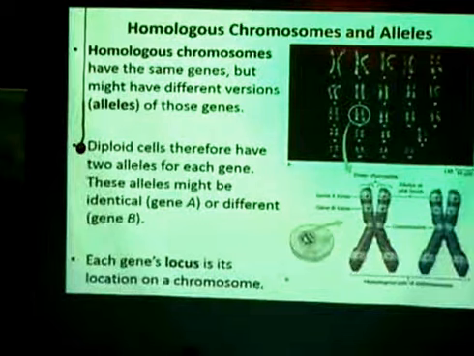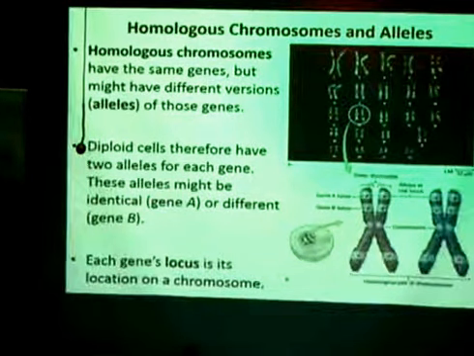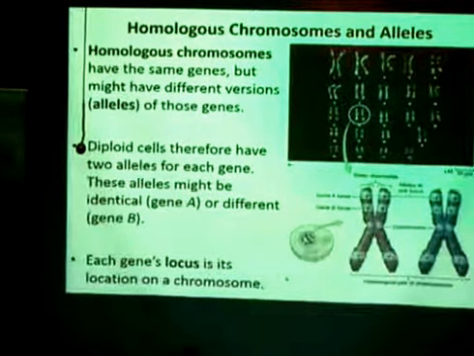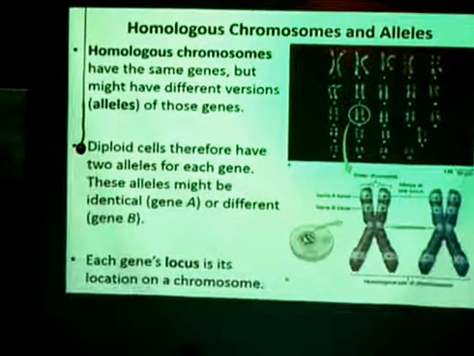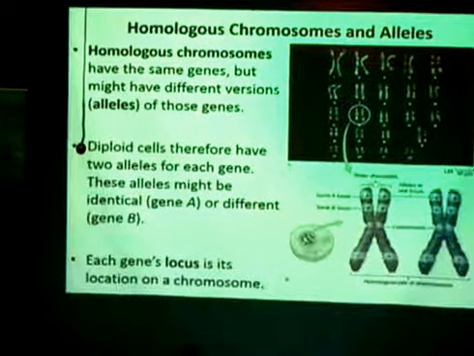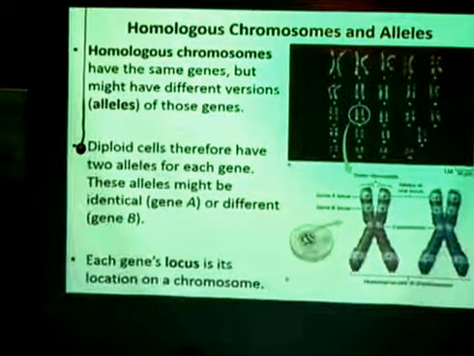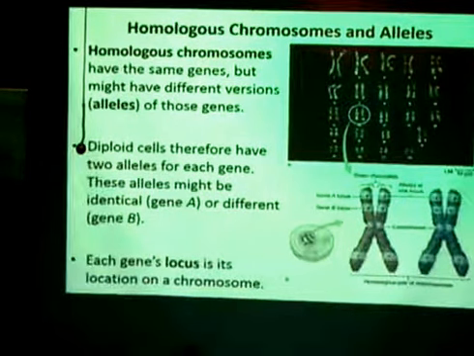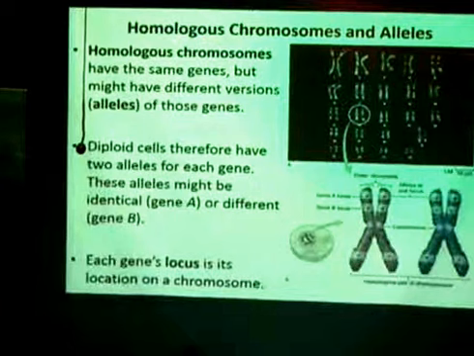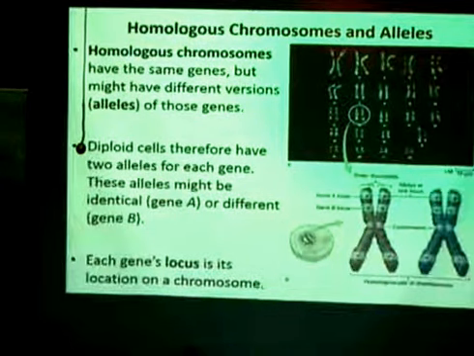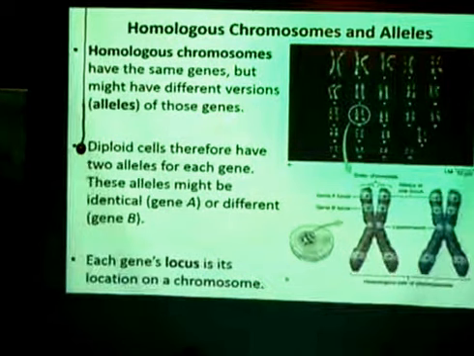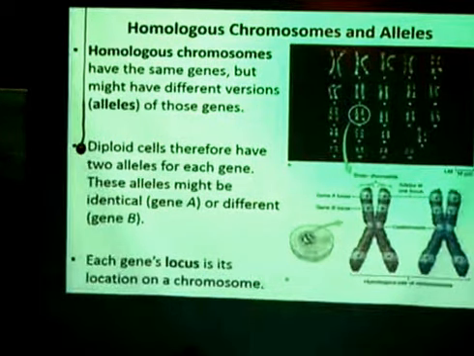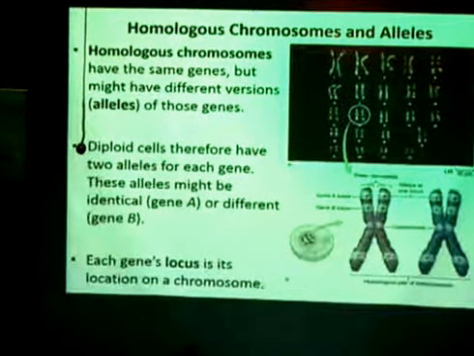If they are the same, if it is big B and big B, then that condition is called homozygous. Meaning two alleles are identical. Or there could be a third situation also. It could be little b and little b, meaning it's a different form of the same gene.